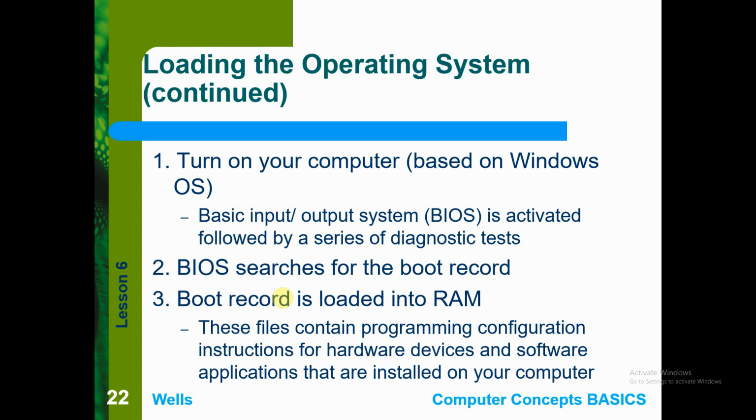As you turn on your computer, based on the Windows OS, the basic input-output system, or BIOS, is activated. This is mostly skipped or not shown to end users. But on old PCs and old Windows versions, when they boot up, you see a command such as press F12 or F10 for BIOS setup.